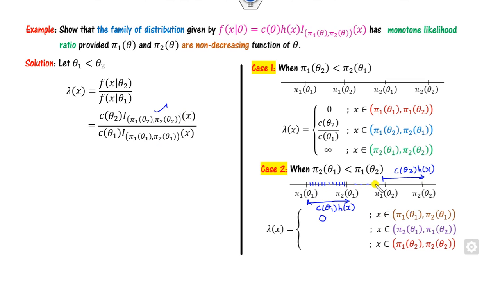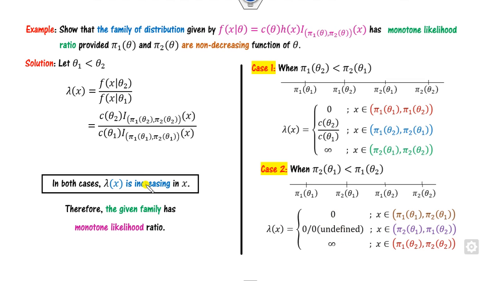Whenever it lies between here, it's 0 by 0 because nothing is defined, and whenever it lies in here, the denominator part will be 0, numerator is hx. So it is undefined, it is infinity. So again it's increasing for the well-defined function. Therefore it's an increasing function, so the likelihood ratio exists.